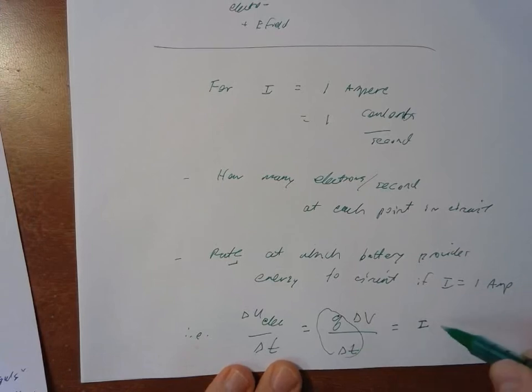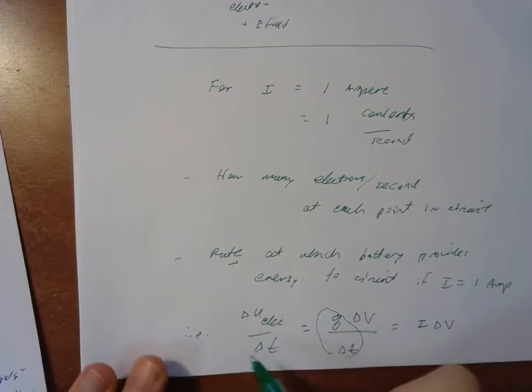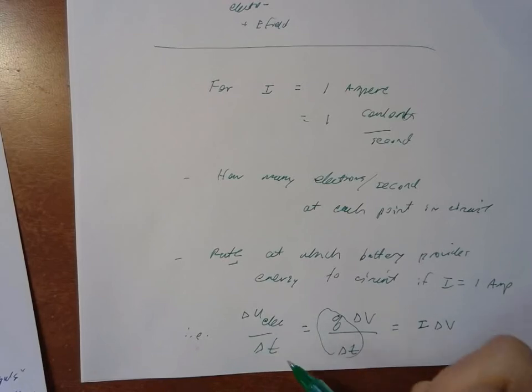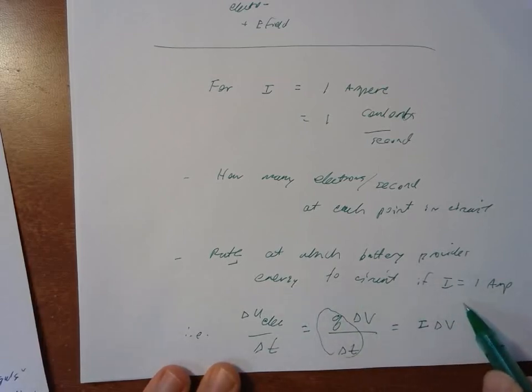So if you take the current times the voltage difference of any place in a circuit, you will get the rate at which electric potential energy is being given to the charges in that part of the circuit. So I want you to find the rate at which the battery is providing energy, assuming the current is 1 amp.